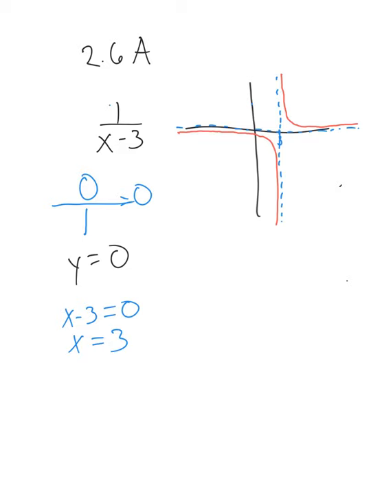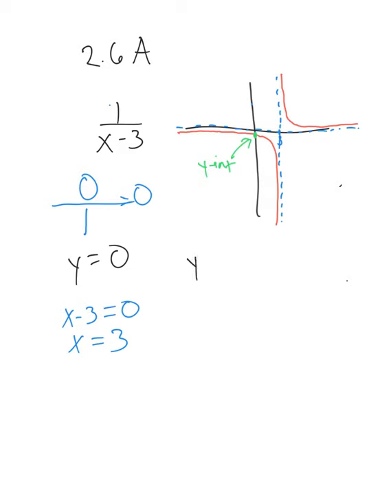Let's say we want to find out what this point is. The y-intercept is what we'll call that. To find the y-intercept, all we have to do is get the constants of the numerator and the denominator.